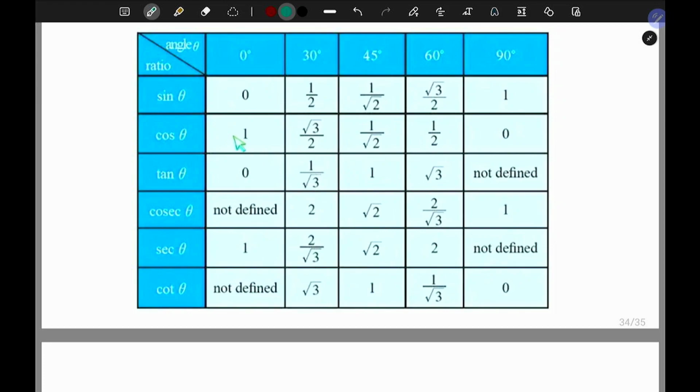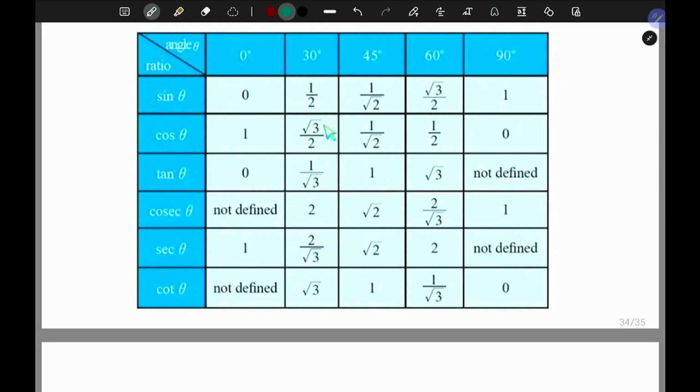Simple. Now, for the third line, how do you get the third line? Tan theta. You just write the numbers again. 0 by 1 is 0, right? And you just write the numerators. That's it. 1 by root 3. In the top line we've got 1. In the next line we've got root 3.